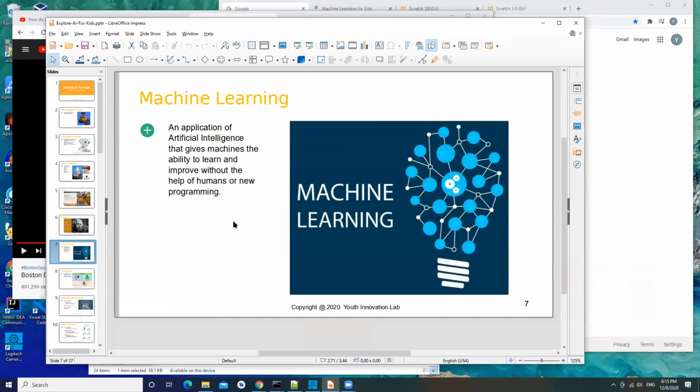Basically, you can think of an umbrella, right? AI is a term which covers a lot of different corners. But at the same time, machine learning is a subset of AI, which can continue to learn and improve without help from a human or a new program.